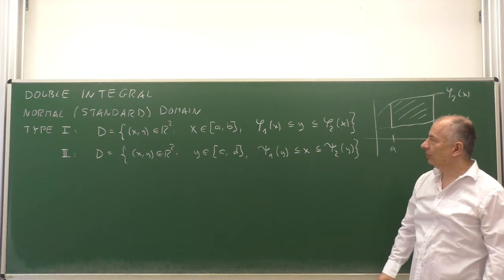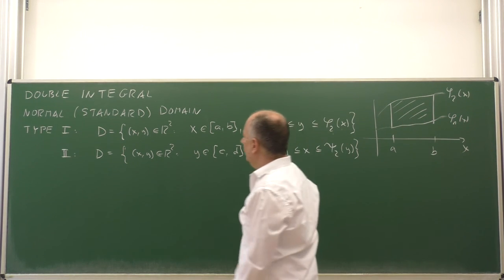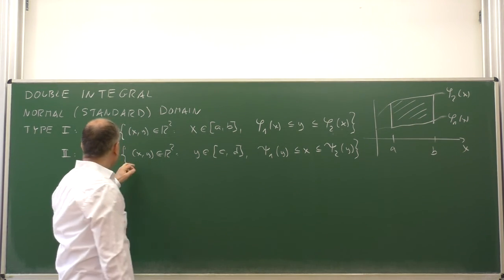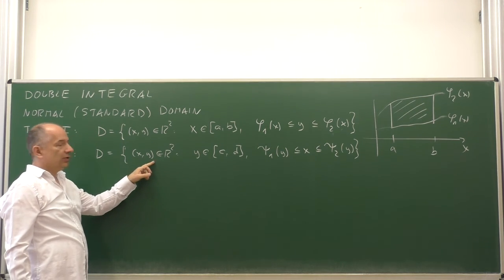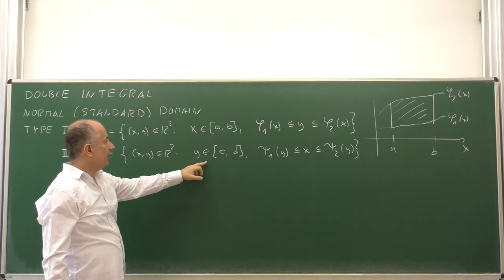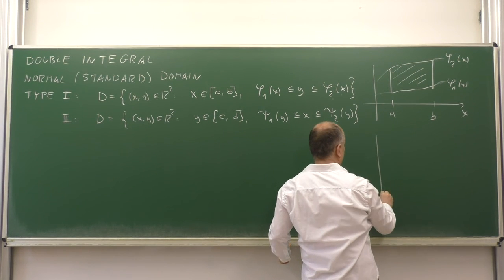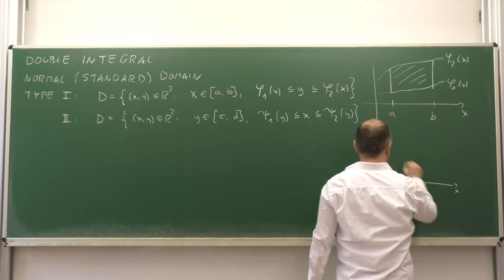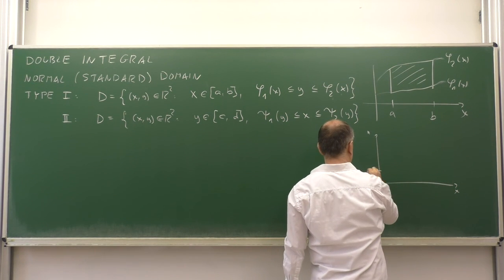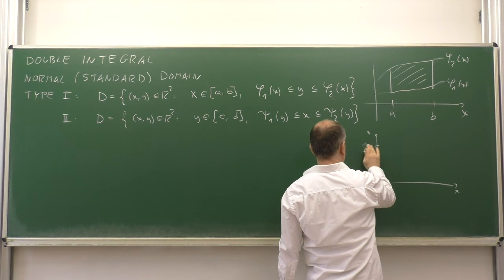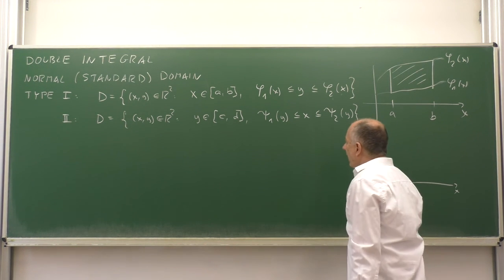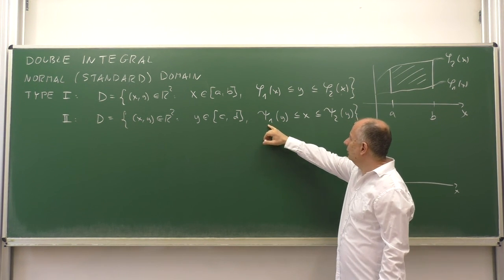Right? And the type 2 standard domain is a set D of the pairs xy from R2 such that y is from some interval CD, and then again we have two functions.